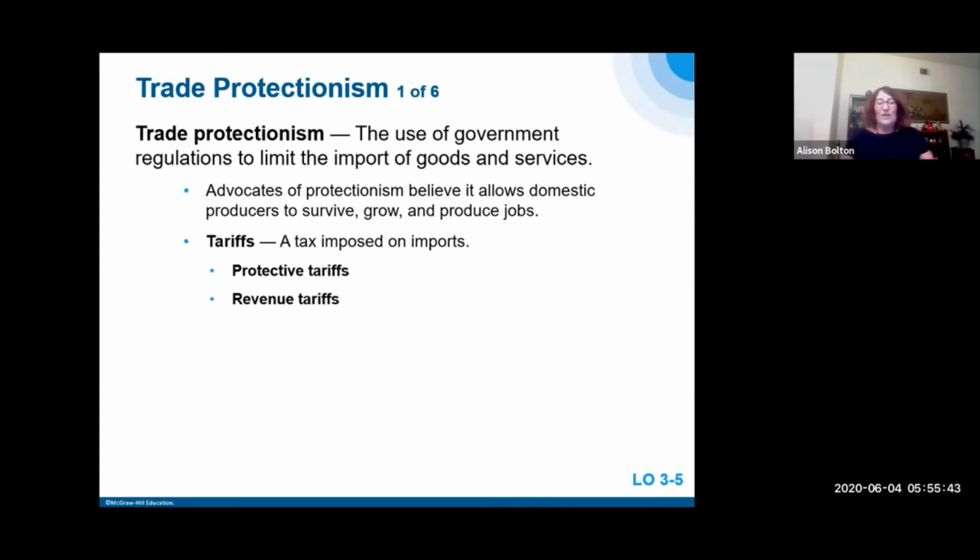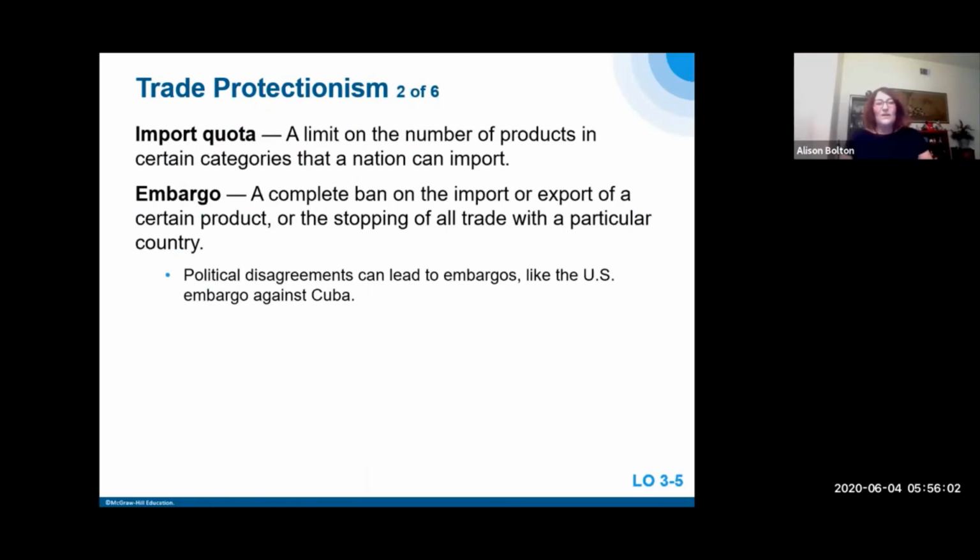Now the embargo was lifted a couple years back. I think it's been about 8 years now, 9 years, somewhere in there. And it's a good thing for Cuba and for us to build relationships with them. So here we are, the import quota.